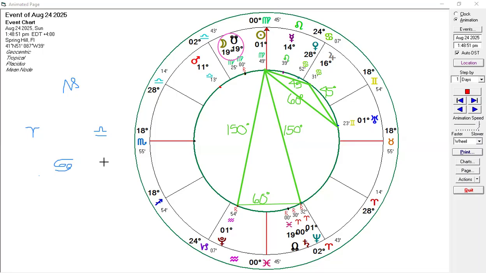So what's really important are these harmonics between the signs, between the planets, between the houses. This is the conversation, and we're trying to interpret vibrations of energy. That's really what this is.